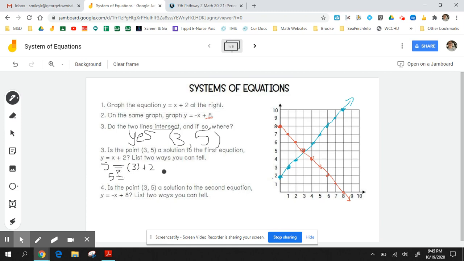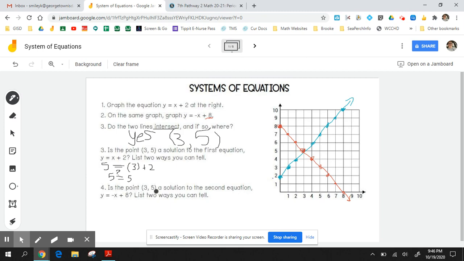What's 3 plus 2? 5. So yes, it does. That's one way we can tell. The second way that you can tell is it is actually a point on that graph. It does end up on that line.